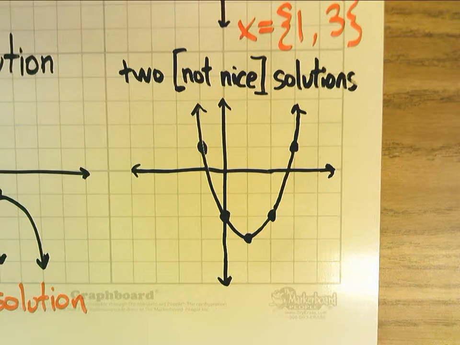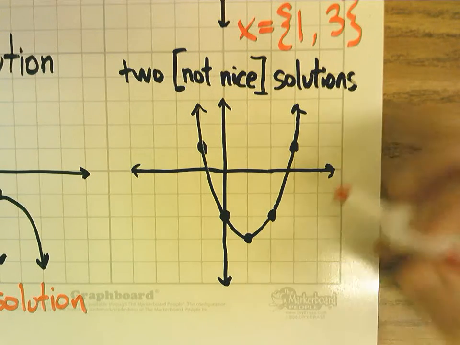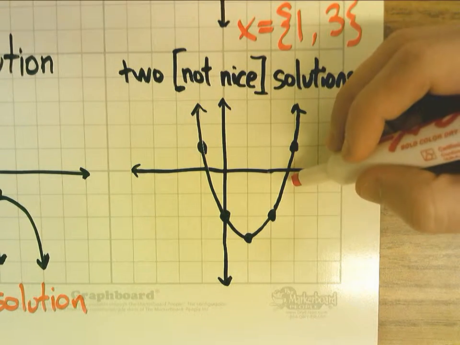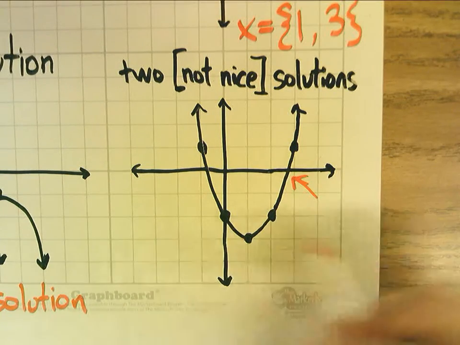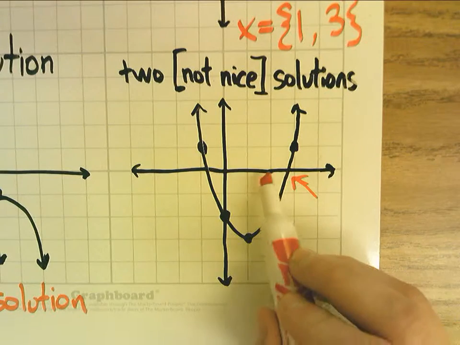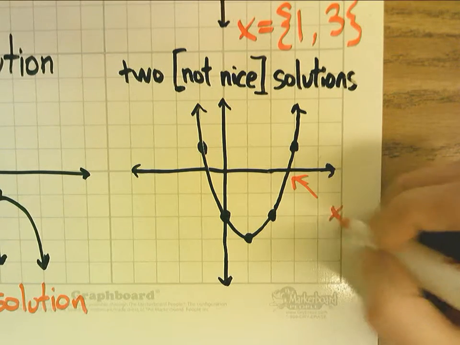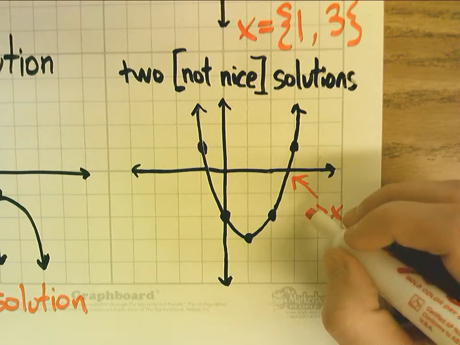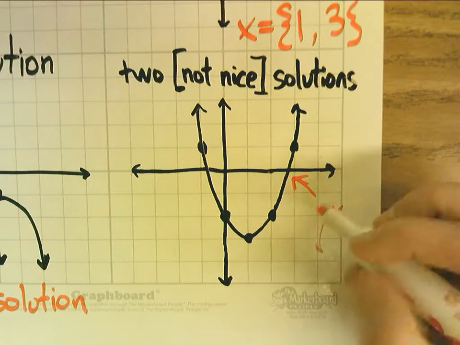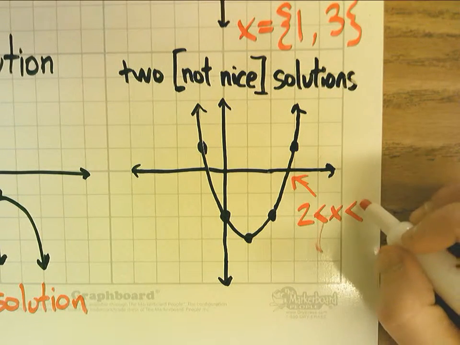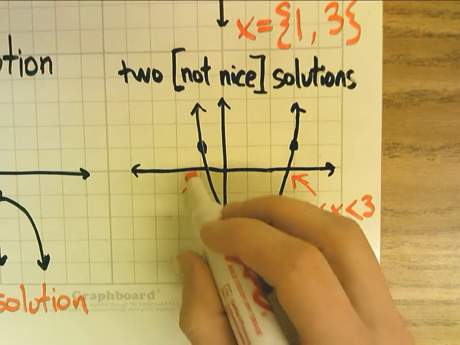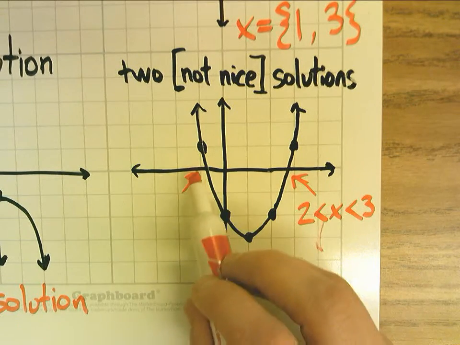What we are going to do, though, is write an inequality for each of them. This one right here is in between the numbers 2 and 3. So we'll say x is greater than 2 and less than 3. This one right here is in between the numbers -1 and 0.